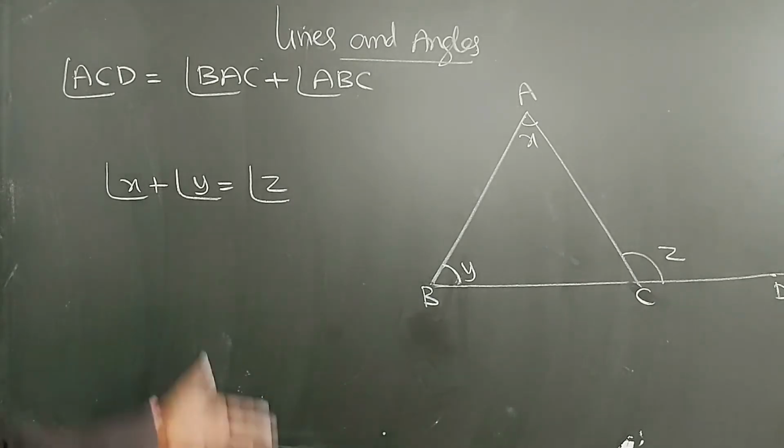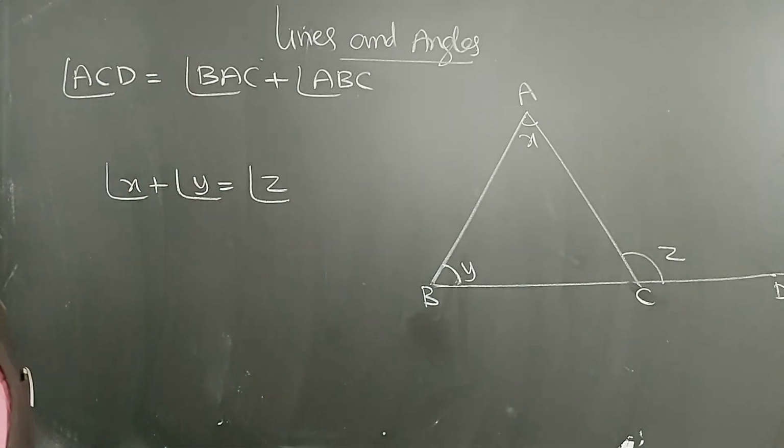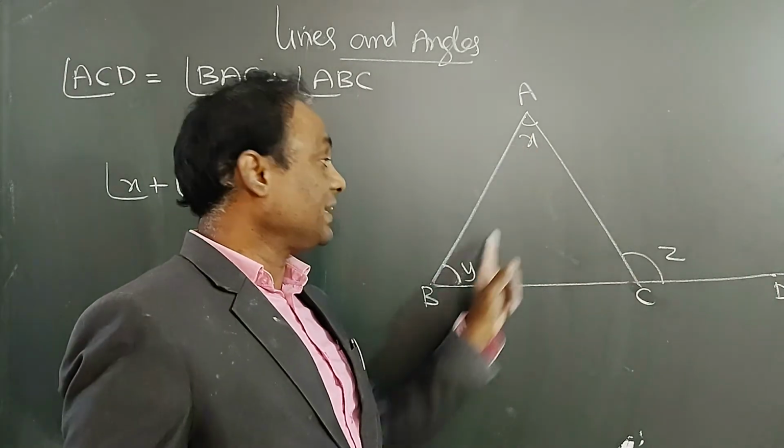In the adjacent figure, you write down these two steps: exterior angle is equal to the sum of two interior opposite angles.